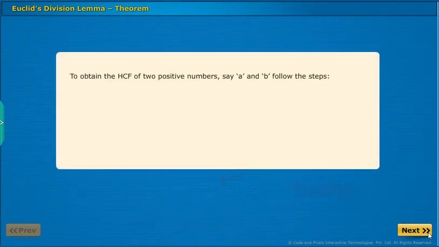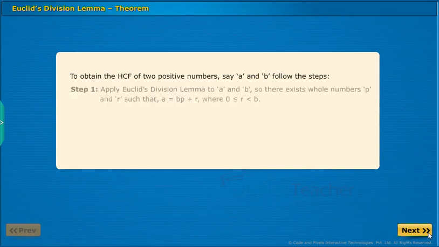To obtain the HCF of two positive numbers, say a and b, follow these steps. Step 1: Apply Euclid's division lemma to a and b, so there exist whole numbers p and r such that a is equal to bp plus r, where 0 is less than or equal to r, which is less than b.